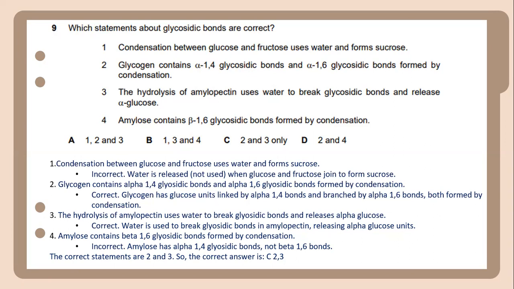The hydrolysis of amylopectin uses water to break glycosidic bonds and releases alpha glucose, because water is used to break glycosidic bonds in amylopectin, which releases alpha glucose units. And statement number 4 is incorrect because amylose has alpha 1,4 glycosidic bonds, not beta 1,6 bonds. So the correct answer will be 2 and 3.